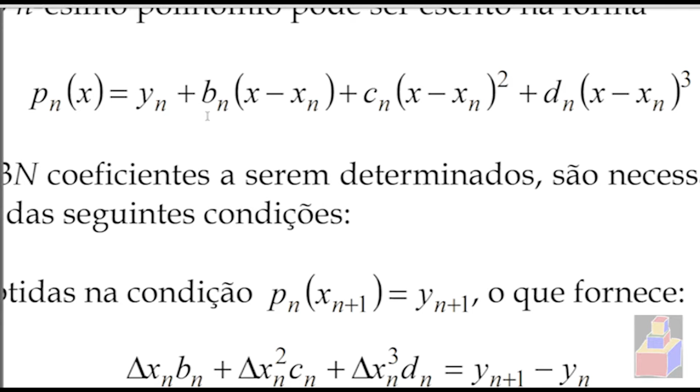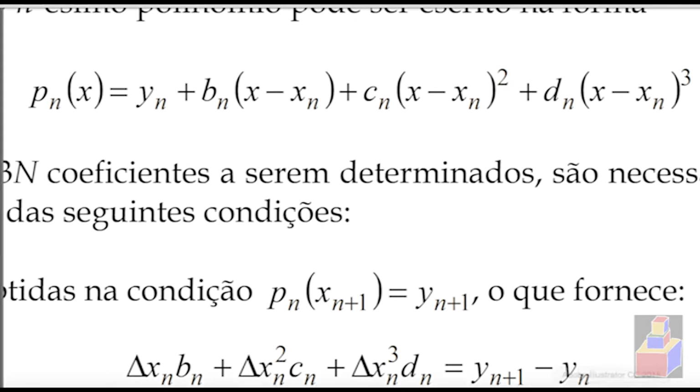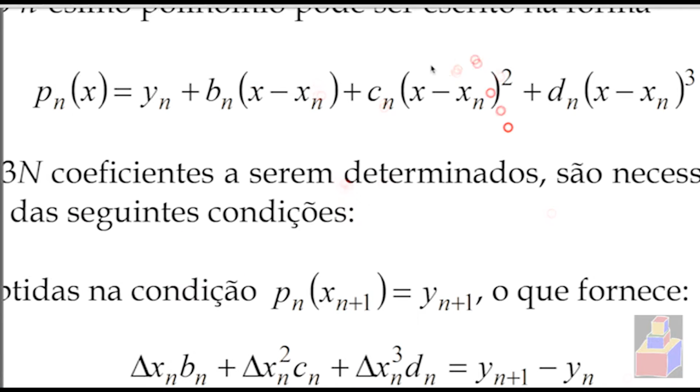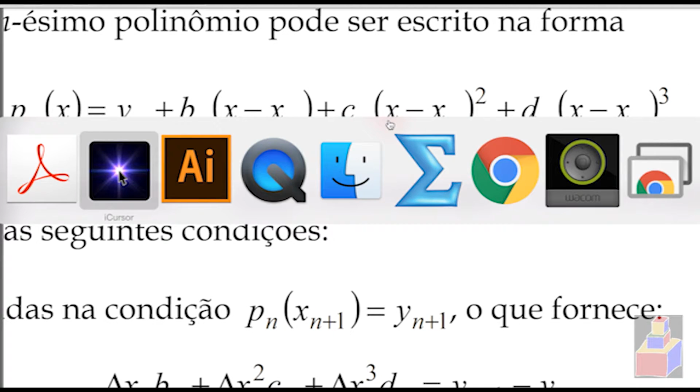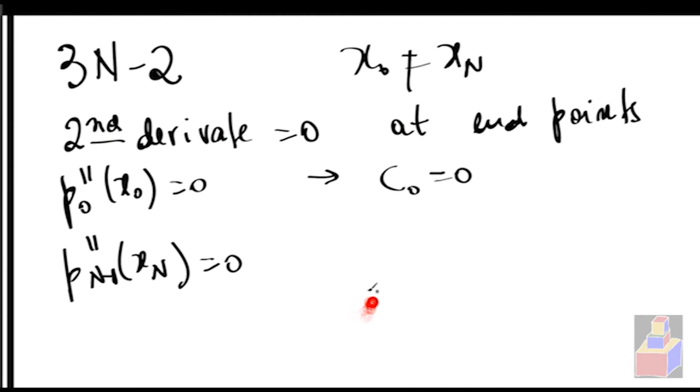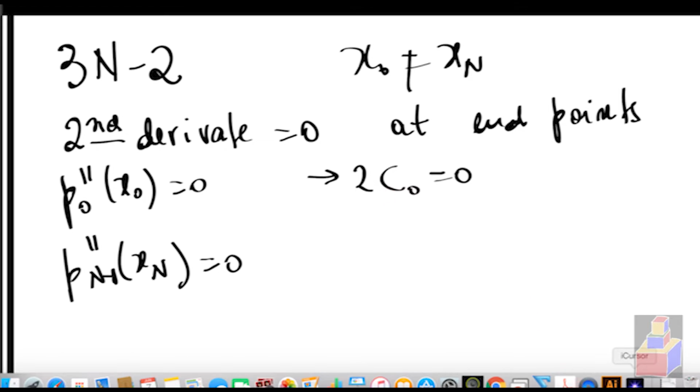In the second derivative, this term is 0, this term is linear, so the second derivative is simply 2 C0. So the equation we get is 2C0 equals 0, which is the same as C0 equals 0.